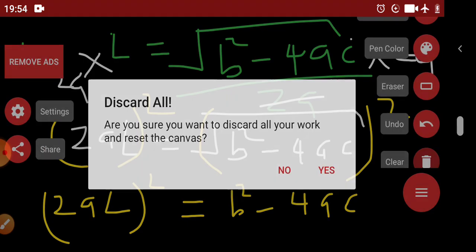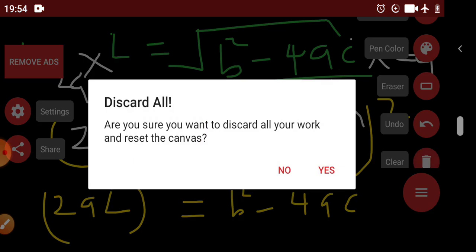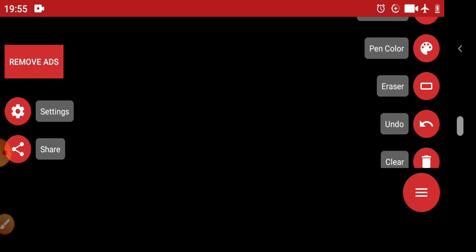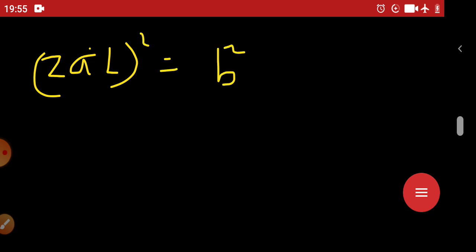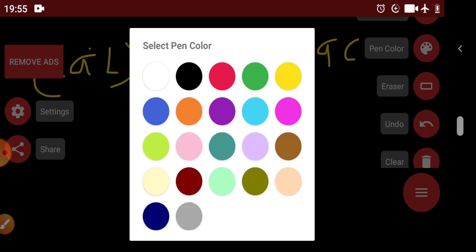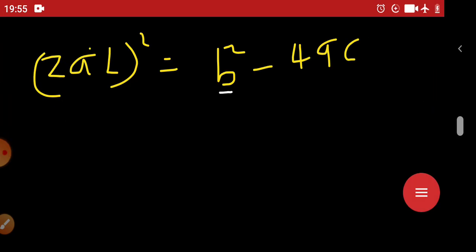Let's open a new page. We have 2al all squared is equal to b squared minus 4ac. Because we want b, we'll need to remove the negative 4ac. How do we do that?